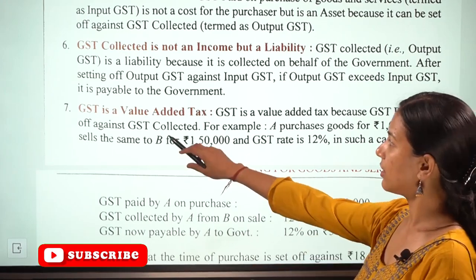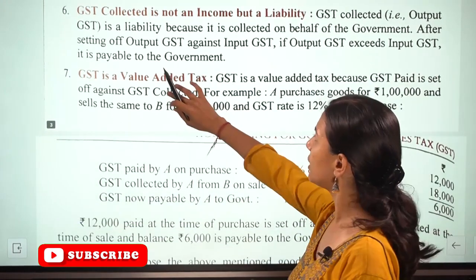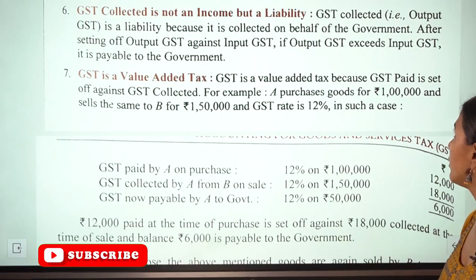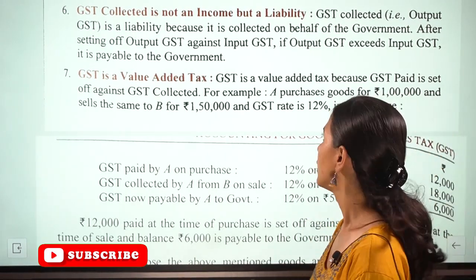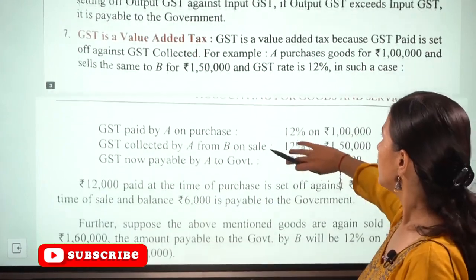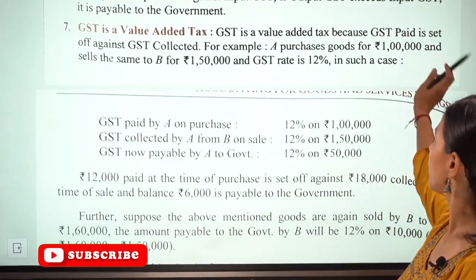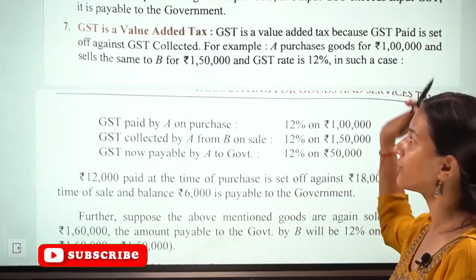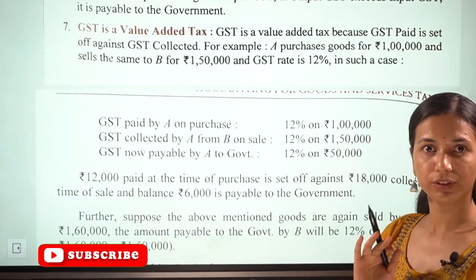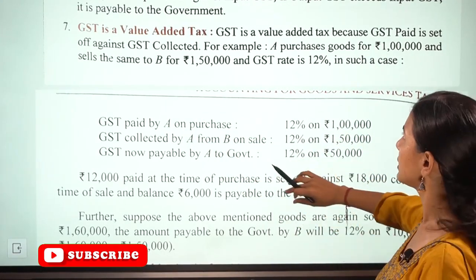Next we have GST is a value added tax. So GST is value added tax because GST paid is set off against GST collected. So here is one example. For example, A purchases goods for 1 lakh and sells the same to B for 1,50,000. That means he is getting a profit of 50,000. Now let's check the GST rate.